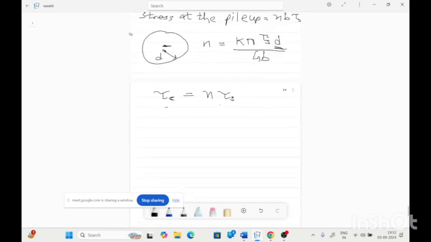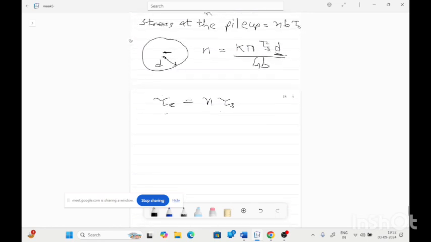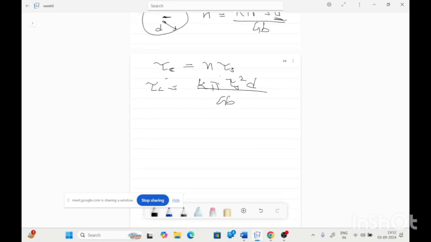If we put the tau_s value and the n value here, tau_c will be k pi tau_s squared D by G b, and tau_s can be written as tau, which is the applied shear stress, minus tau_i. Tau_i is the lattice resistance to dislocation motion.